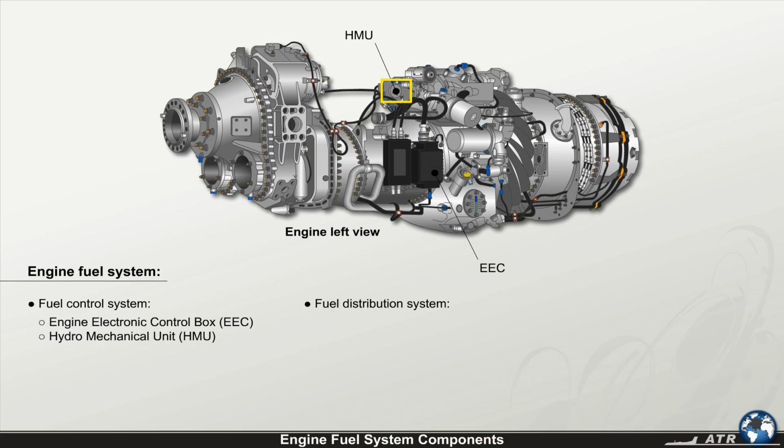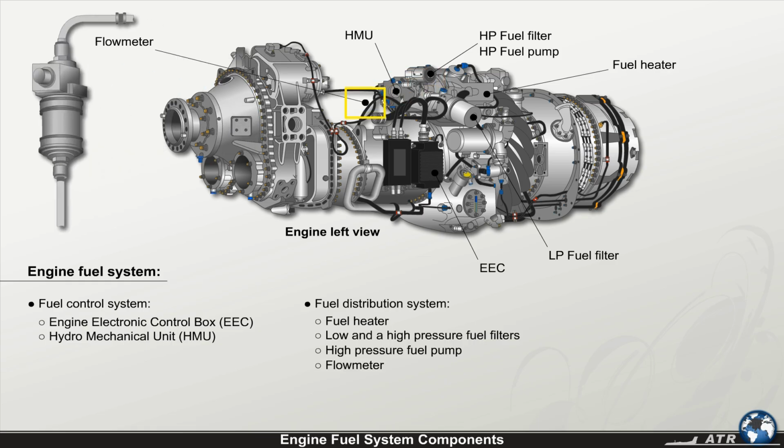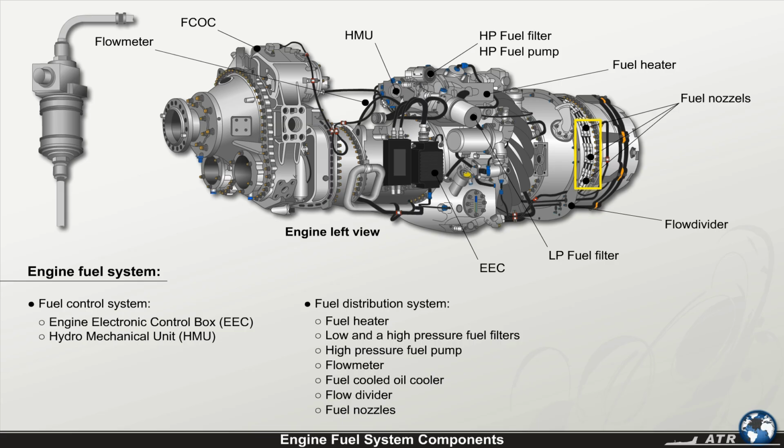The components of the fuel distribution system include a fuel heater, also used to cool the engine oil, a low and a high pressure fuel filter, a high pressure fuel pump, a flow meter, a fuel-cooled oil cooler, FCOC, used for cooling the lubricating system by using the fuel as cooling source, a flow divider, and the fuel nozzles.